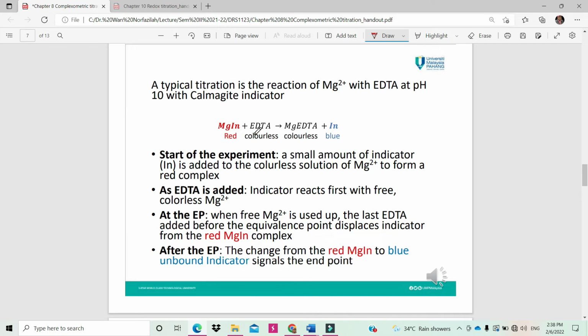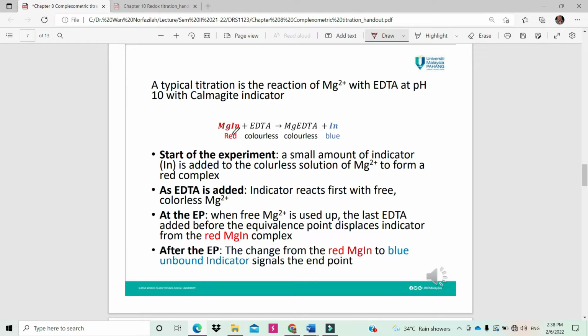A typical titration used in the lab is the reaction of magnesium 2+ ion with EDTA at pH 10 with calmagite indicator.